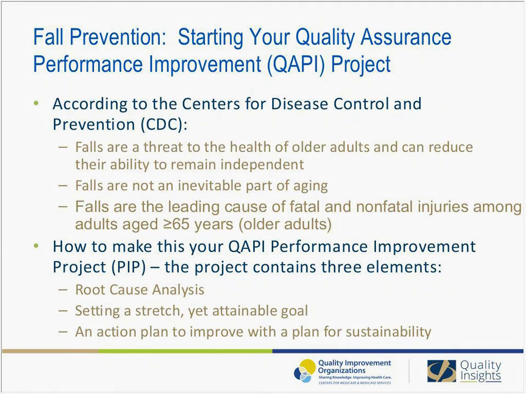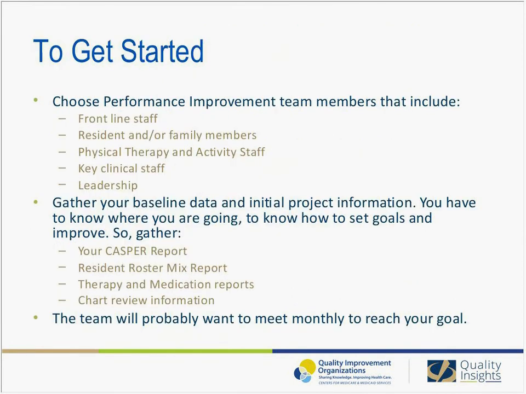In this quick guide, we will review the typical 3 elements found in most performance improvement projects: a root cause analysis, setting a stretch yet attainable goal, and an action plan to improve that contains a good plan for sustainability. So let's get started. We're going to choose team members to help us meet our goal.